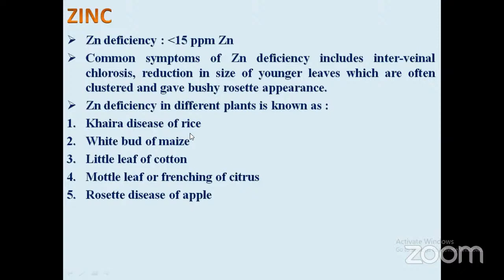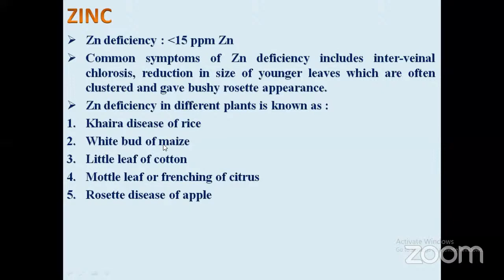One is Khaira disease of rice, which is very frequently asked in exams. Khaira disease of rice is because of zinc deficiency. It was discovered by whom? Y. L. Nene, in Pantnagar. This is due to zinc deficiency, discovered by Nene in Pantnagar.